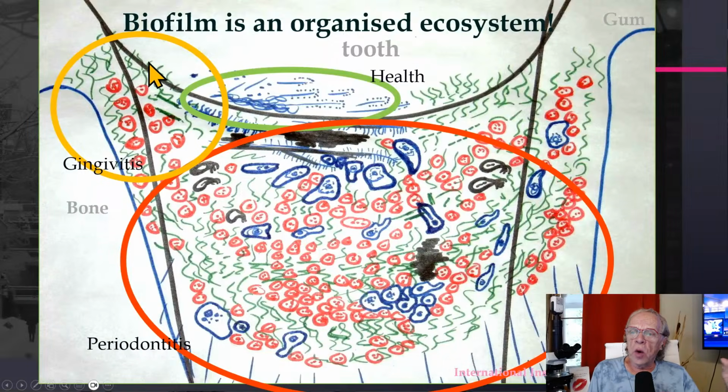Now, gingivitis is the entry of periodontal disease. Why? Because when you have this gingivitis, you have parasites coming in from the water, from another person, from food, kissing the dog, whatever. Those parasites feed on the nucleus of the neutrophil.